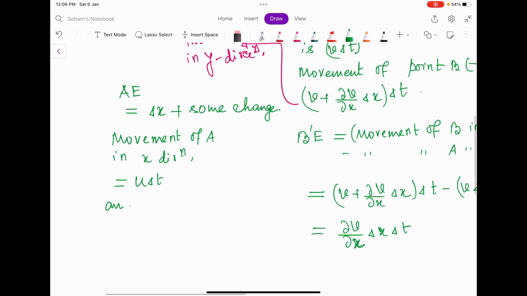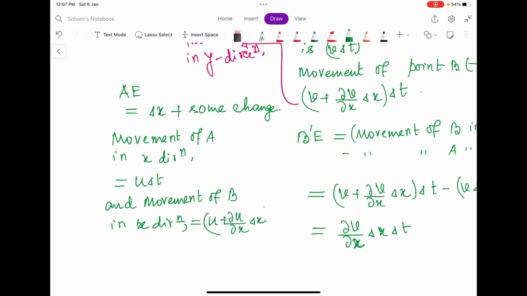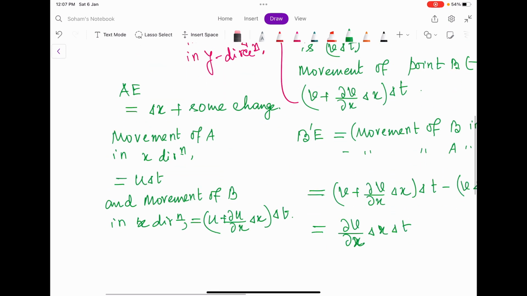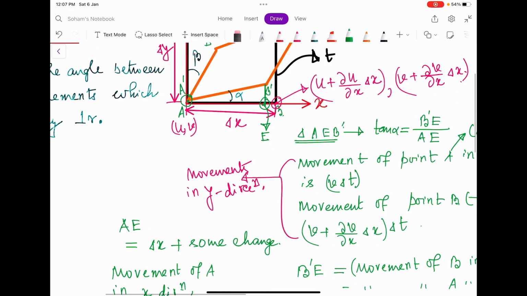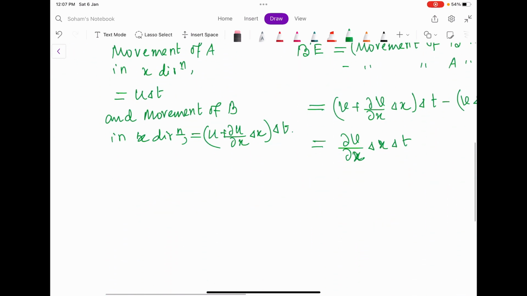And movement of B in x direction is u plus del u del x into del x, right, delta t. Okay, so now what will the final length be? This is the same problem as the linear deformation.